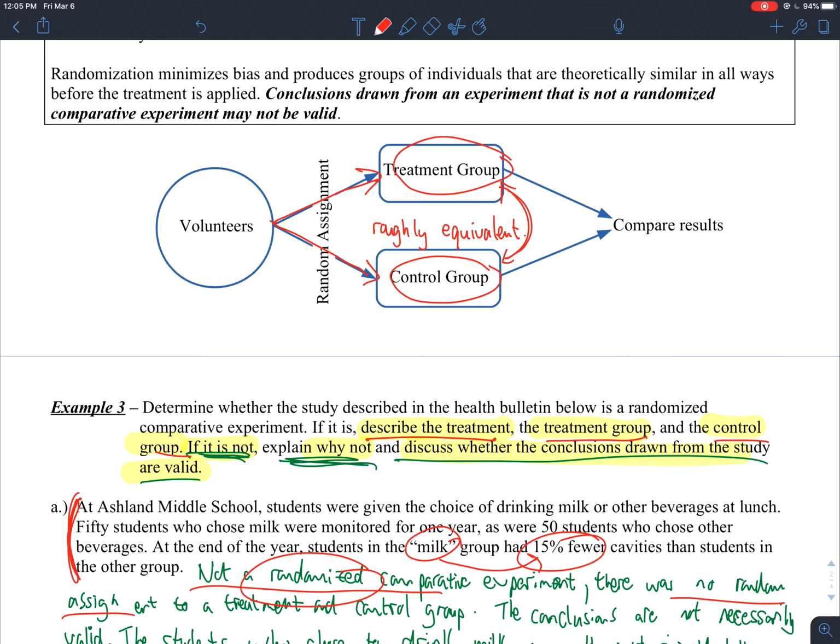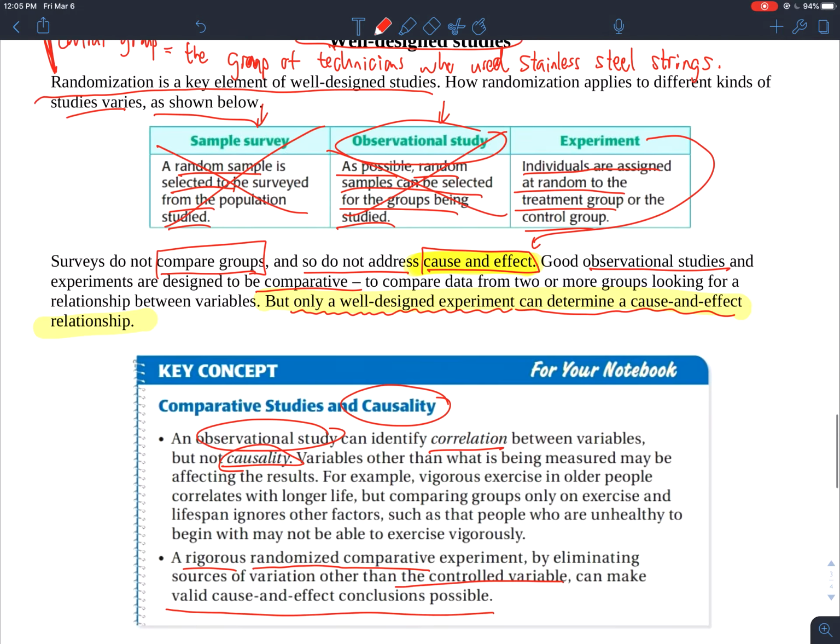There's no reason for me to think that one group contains a bunch of individuals that are some way different from the other group. I can't tell that because they randomly got there. So the function of this is to create two roughly equivalent groups that I go, they're about the same, and then we just look at the responses to the treatment.